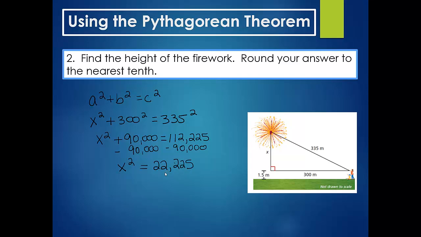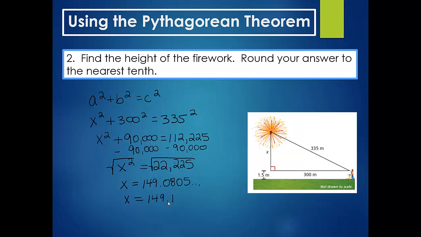Now to find just x, we'll go ahead and take the square root of both sides. Square root of x squared is just x, and the square root of 22,225 is 149.0805, and then it keeps going on. We're going to round this to the nearest tenth. So we'll say that x is equal to 149.1.